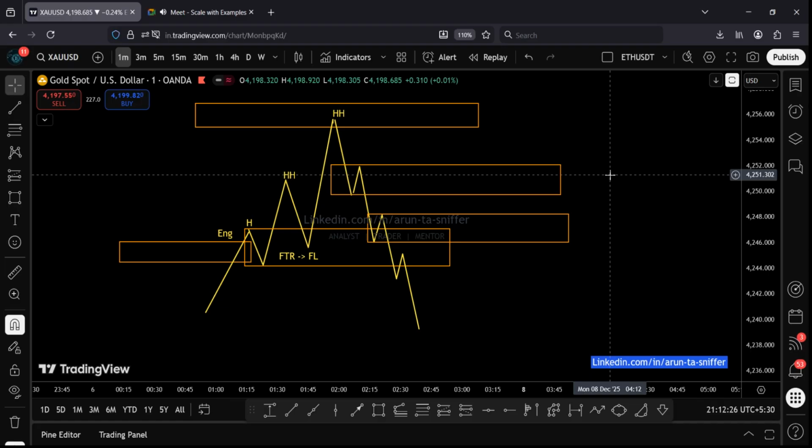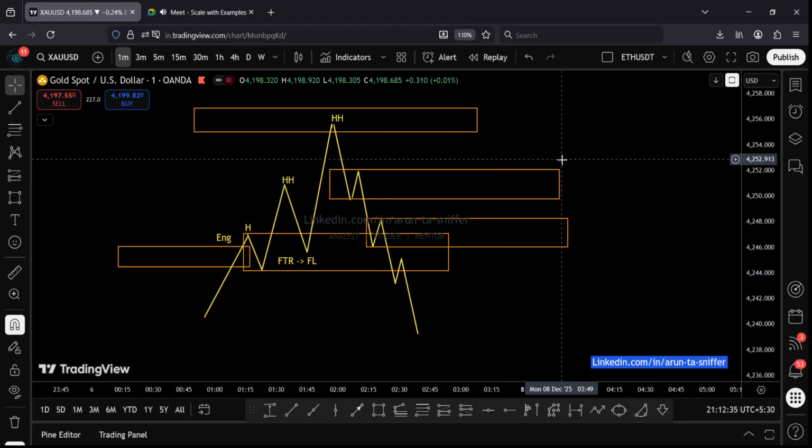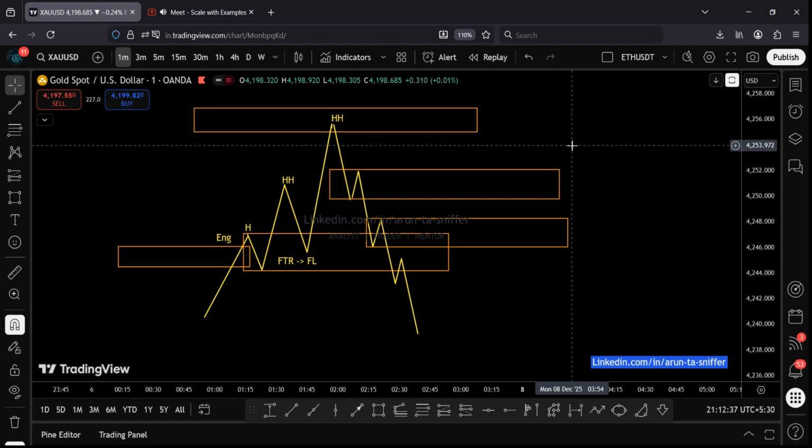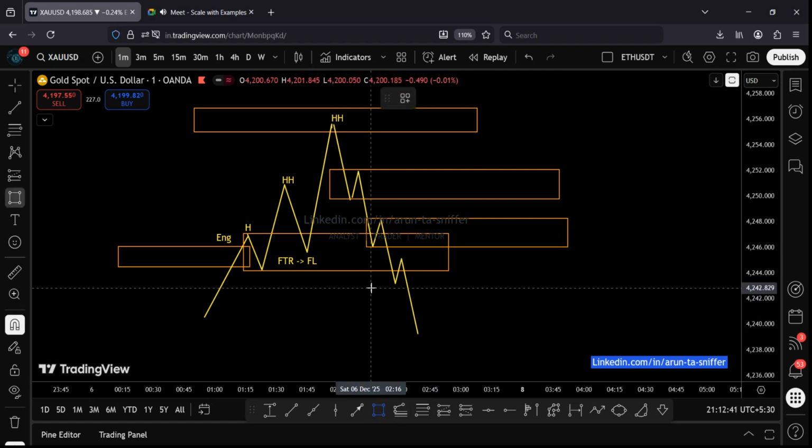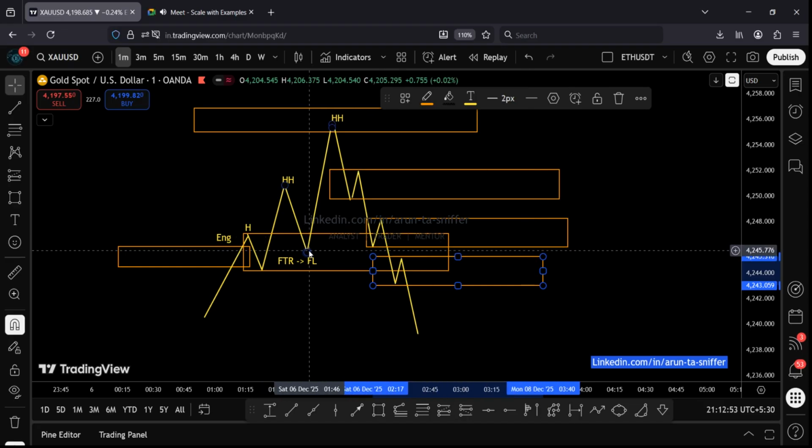This is what we have already studied in the past, and this is our RSFL. Why is this RSFL?